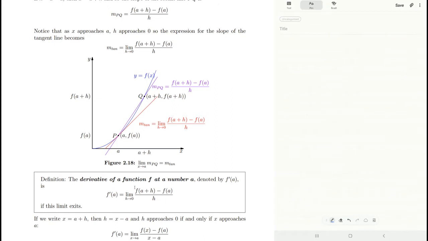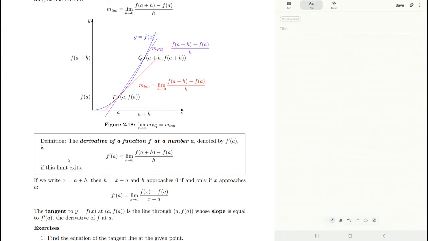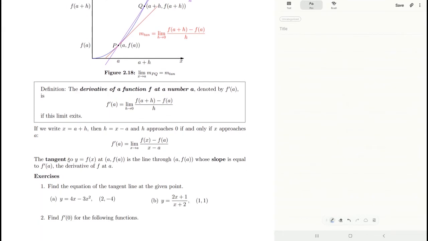So f prime of a is given by this limit. So the tangent to the curve y equals f of x at the point a comma f of a is the line through a comma f of a whose slope is equal to f prime of a, which is called the derivative of f at a.